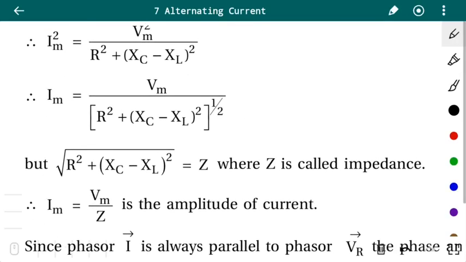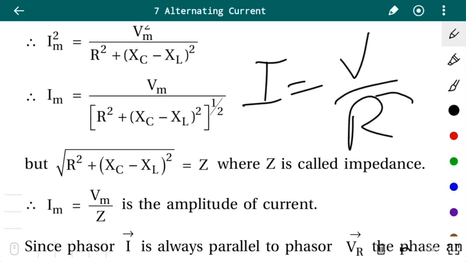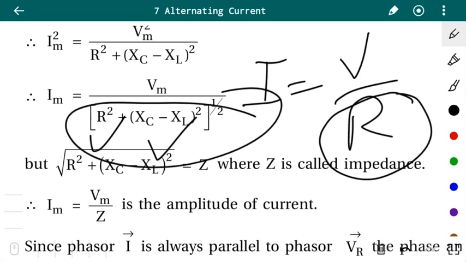Now we know by Ohm's law that I equals V upon R, where R is the resistance. Its function is to limit the current. But here we have not only resistance but resistance plus reactance, because we have capacitive reactance as well as inductive reactance. But the function of this whole term is to limit the current.